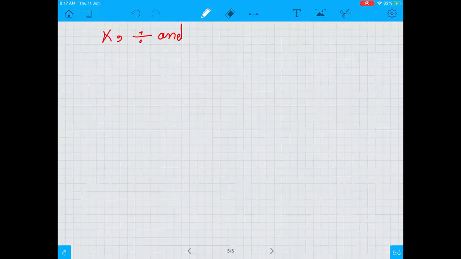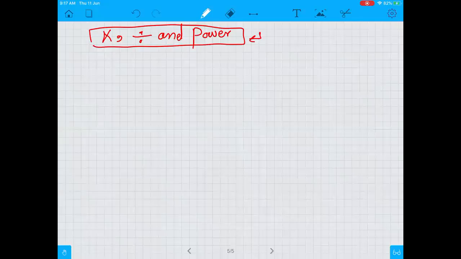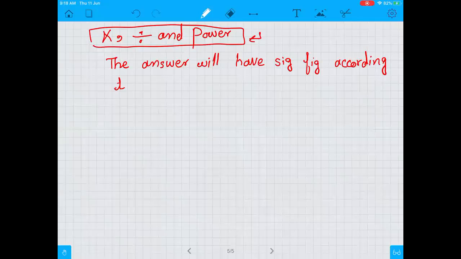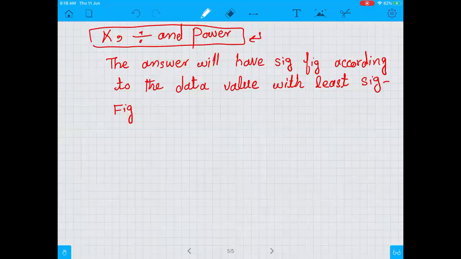So when you multiply, divide, or go for a power of a number, then the rule is that the answer will have significant figures according to the data value with the least significant figures.